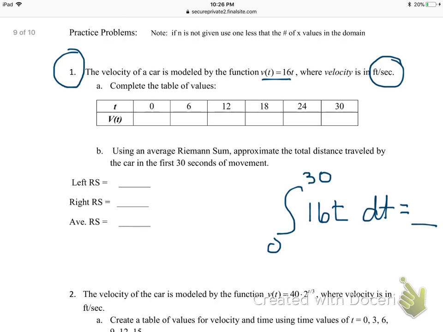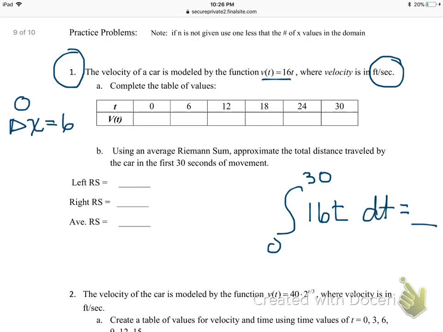Okay, so you should be able to fill in this table. You are going to start, so go to table set. Your x is going to start at 0. Your delta x, looking at this, is going to be 6. So to do your left Riemann sum, you get your table.